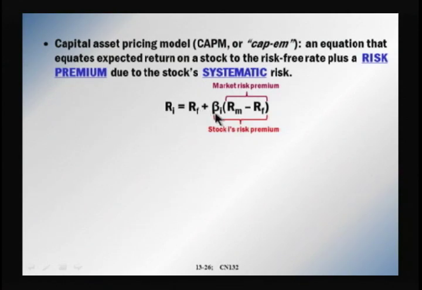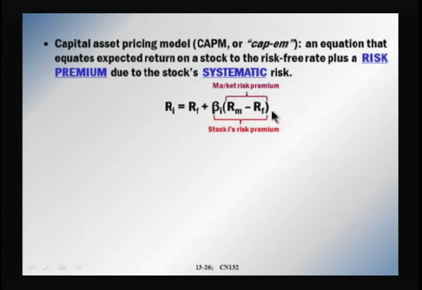It is stock I's beta times this term in parentheses. By definition, this term in parentheses is called the market risk premium. A risk premium is anything in excess of the risk-free rate. So when we take the market return minus the risk-free rate, that is the market risk premium. It's the market's return in excess of the risk-free rate.